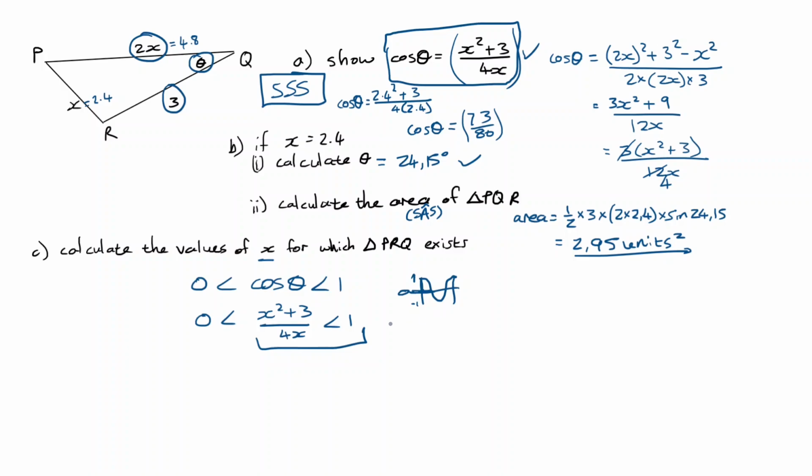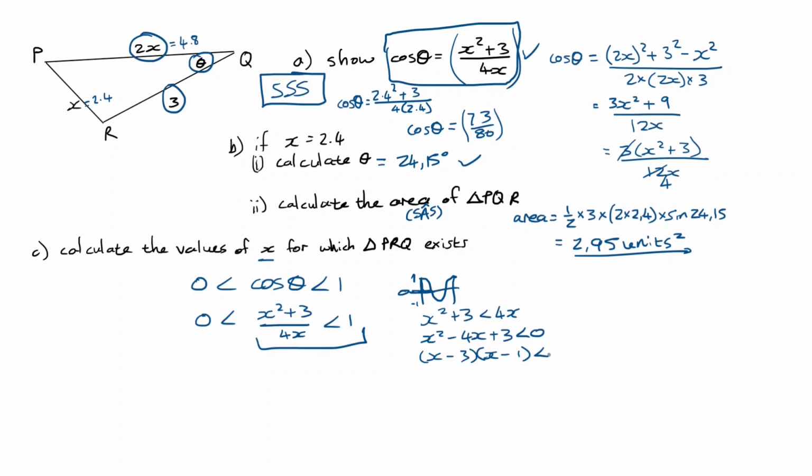And so if I take the 4x times 1, I've got 4x on this side. I'm going to bring it across because whenever there's an inequality with quadratics, the best way to do it, I find, is to factorize and draw a rough picture of a parabola.